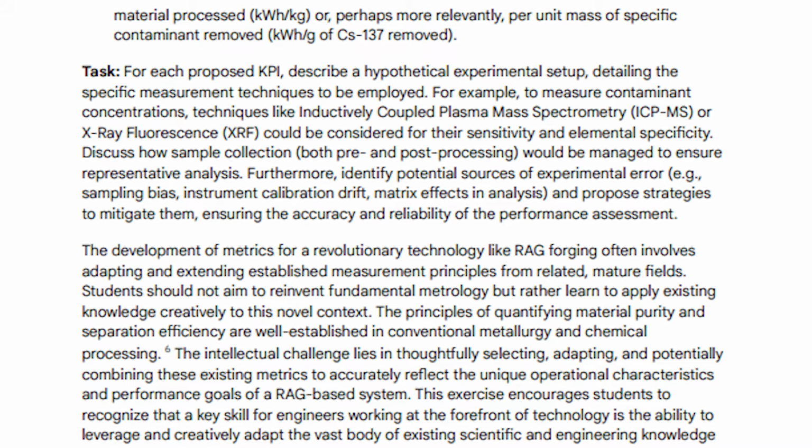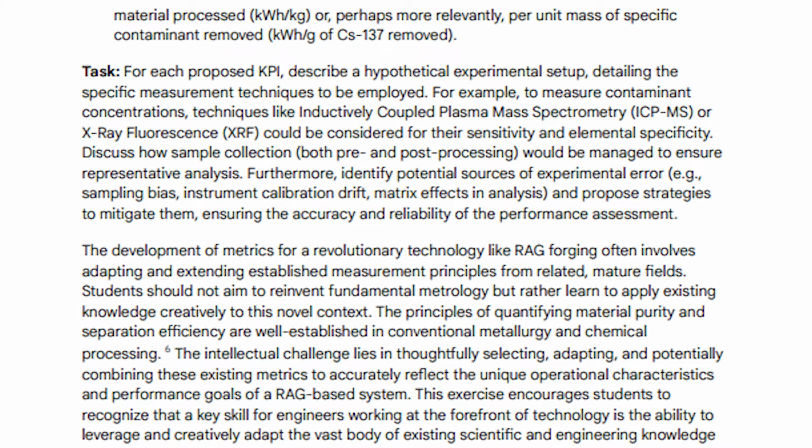The development of metrics for a revolutionary technology like RAG forging often involves adapting and extending established measurement principles from related, mature fields. Students should not aim to reinvent fundamental metrology, but rather learn to apply existing knowledge creatively to this novel context.